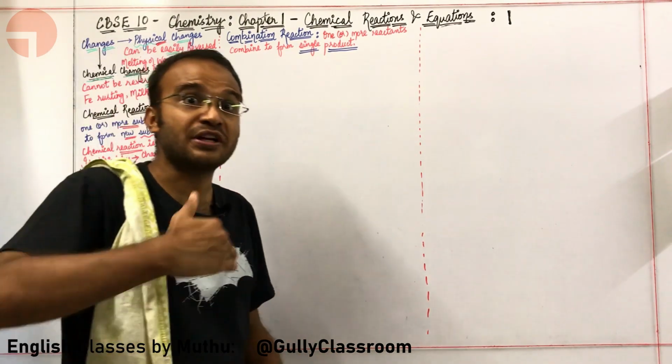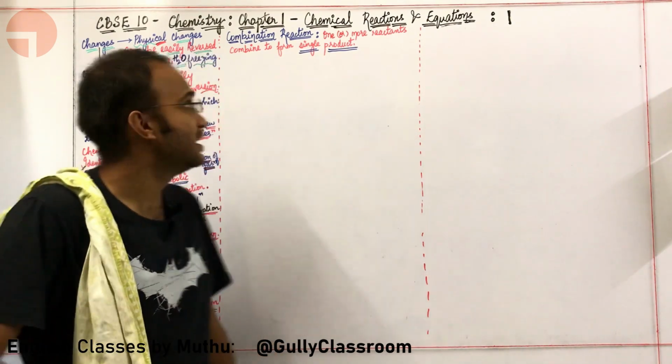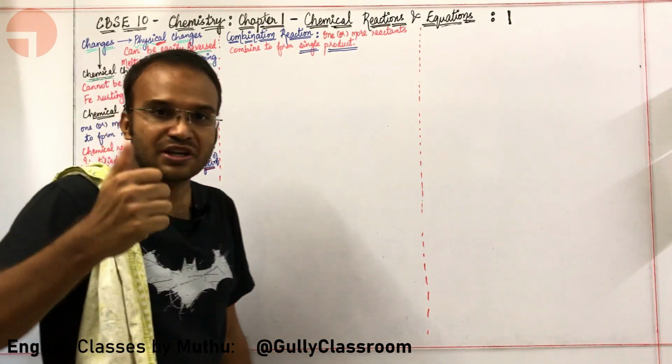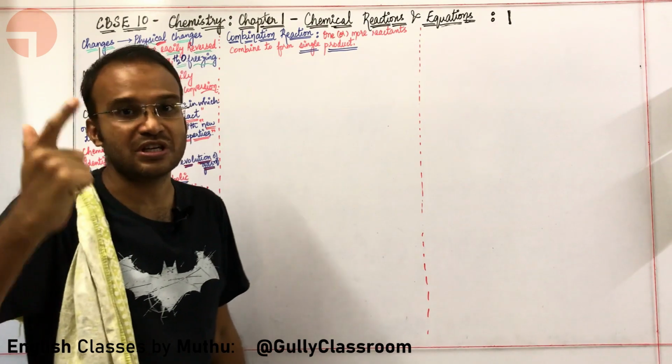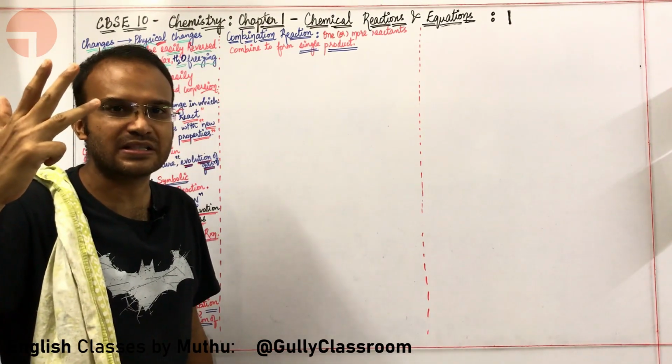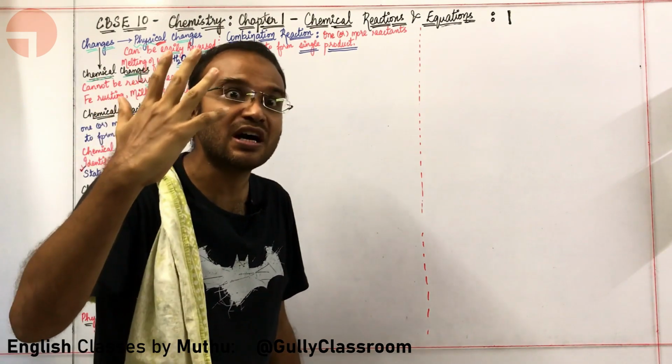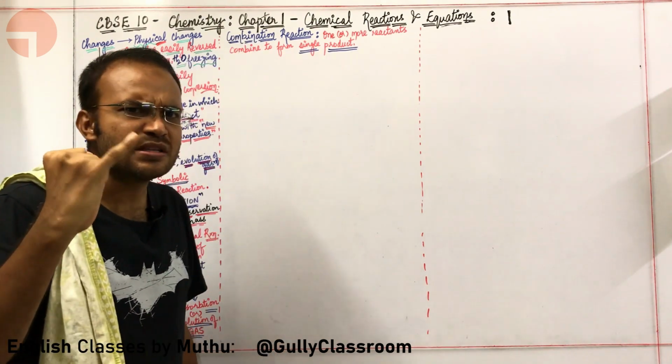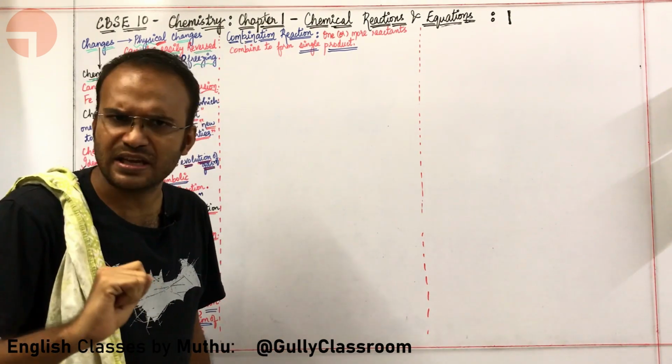The 5 different kinds of chemical reactions are combination reaction, decomposition reaction, single displacement reaction, double displacement reaction, and finally redox reaction. Sir, what is the fifth reaction, redox reaction?